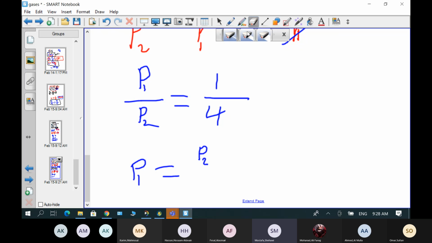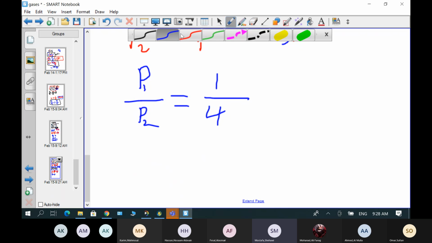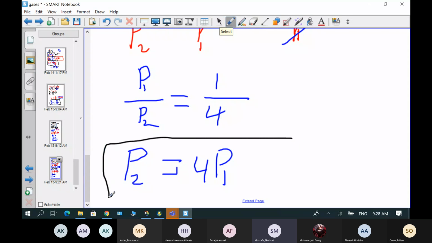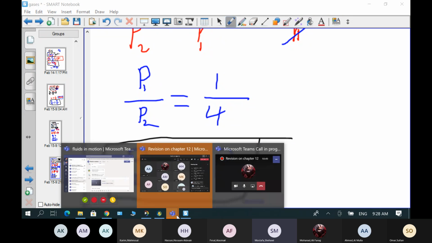Let's type it as the equation is asking. P2 multiplied by 1, which is P2, would equal 4P1. So the new pressure will be 4 times the pressure 1.